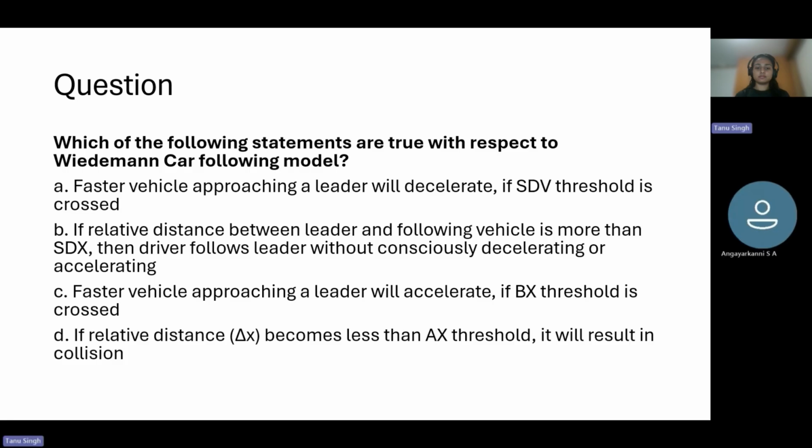And a faster vehicle approaching a leader will accelerate if BX, the braking threshold, is crossed. If the relative distance, delta x, becomes less than AX, the following threshold, it will result in collision. So which of the following are true?